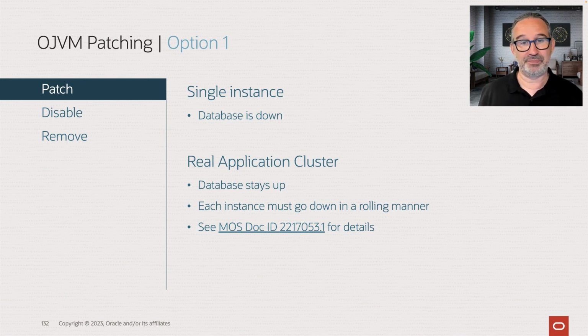That's okay. But this MOS note here, all mentioned on the slide, is extremely important. Because at the beginning of this chapter, I asked you, is OJVM used? And this MOS note, even though it describes the rolling approach for RAC environments, has all the queries in it to check whether somebody is really using OJVM or not.